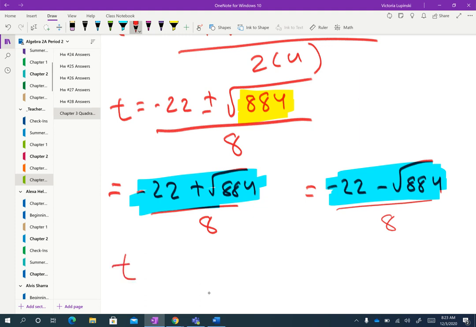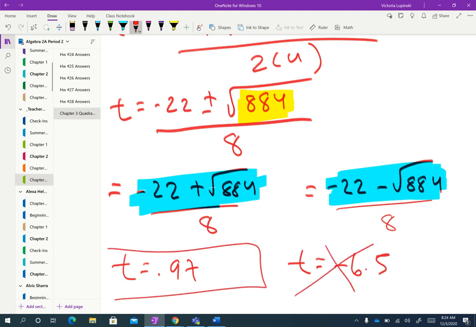So do negative 22 plus the square root of 884, hit enter, then divide by 8, and you should get 0.97. Whereas if you do negative 22 minus the square root of 884, then hit enter and divide by 8, you're going to get a value of negative 6.5. Reject the negative answer, take the positive answer, and of course, that is going to be time in seconds.